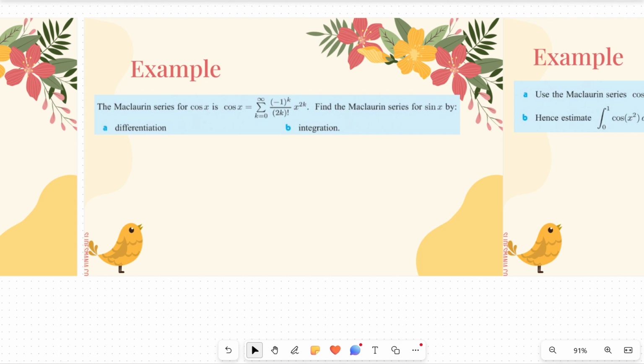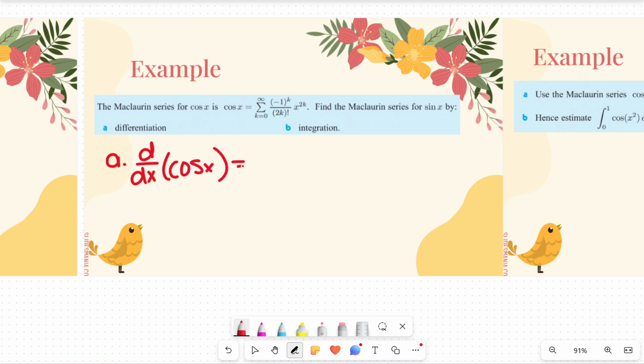But for now, the Maclaurin series for cosine x is given to us, and we want to find the Maclaurin series for sine x using differentiation and integration. So I'm going to start off with the differentiation component. The first thing is I know that the derivative of cosine x is equal to negative sine x.